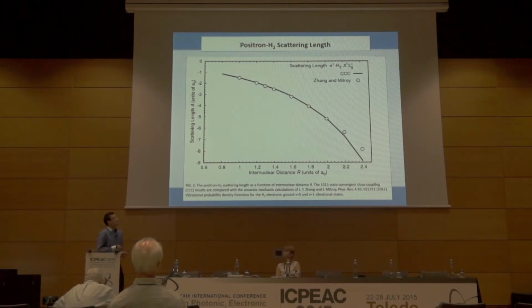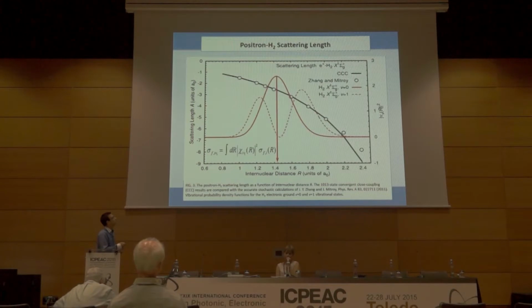So now comparing our scattering length as a function of the internuclear distance with Zhang and Mitroy again, we've got great agreement up to R equals 2.2, and we wanted to see, can we actually perform adiabatic nuclei calculations with this same scattering calculation? So this is all one scattering calculation model.